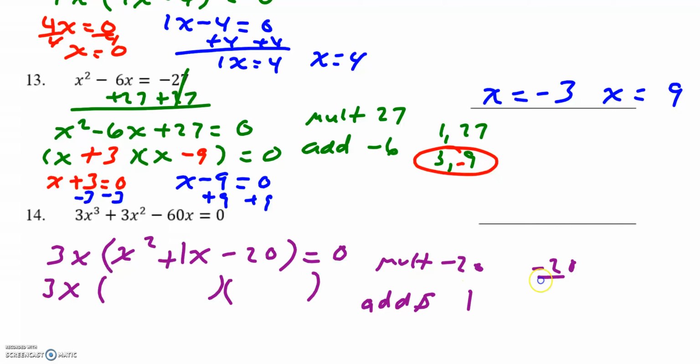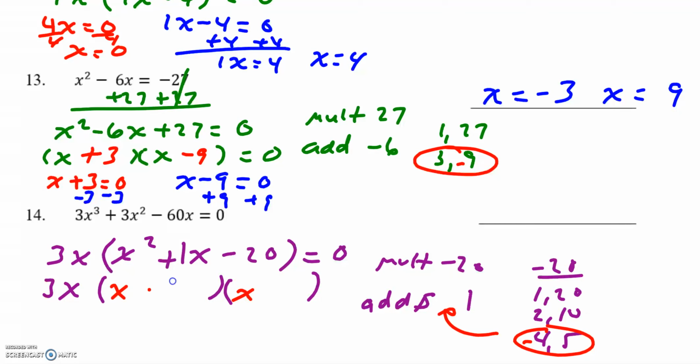So my options for negative 20 are 1 times 20, 2 times 10, and 4 times 5. 4 and 5 can add to be 1 if you have 5 minus 4, and negative 4 times 5 is negative 20. So I'd have x times x is x squared, minus 4 plus 5 gets me this relationship, equals 0.